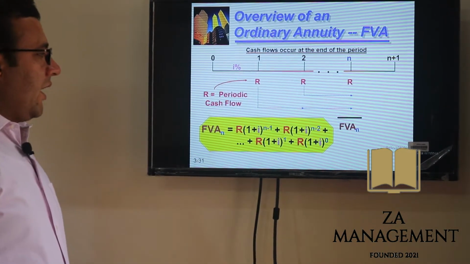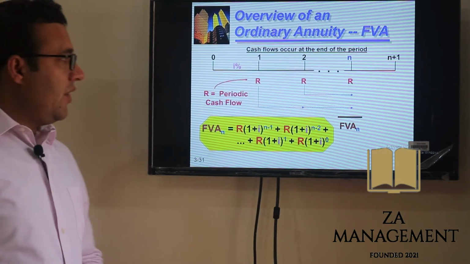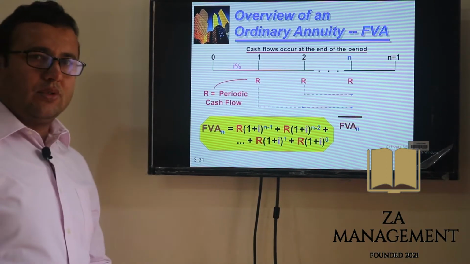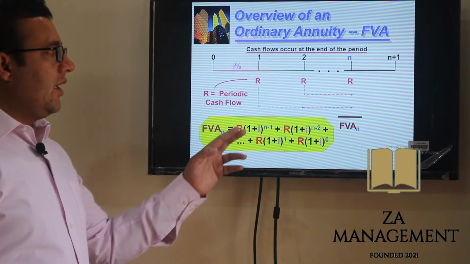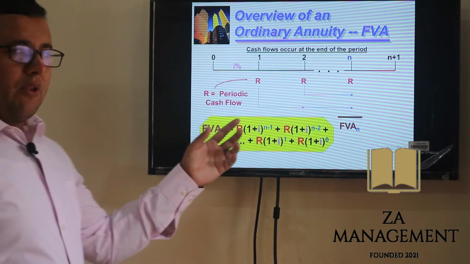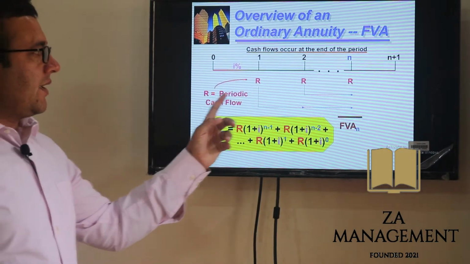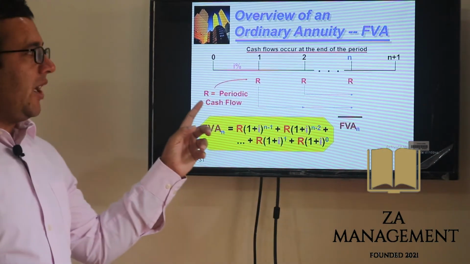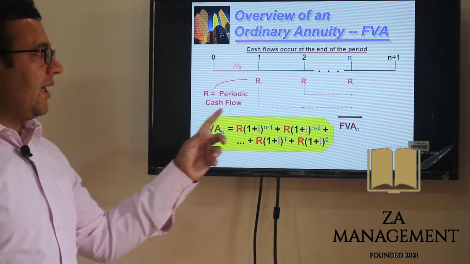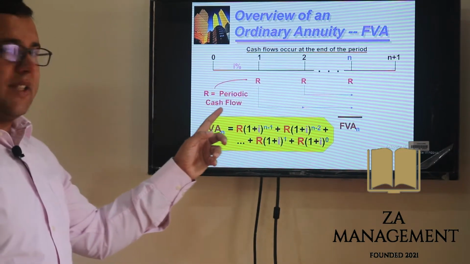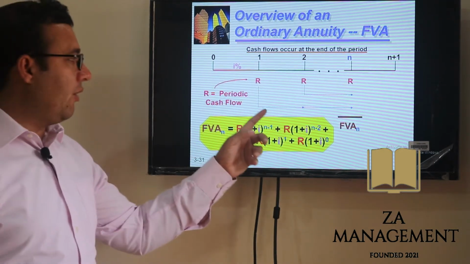While calculating the future value of an annuity, we have to use this formula. Here the amount of installment in each case is represented by R, which occurs at the end of each period. So we have n installments which are equidistant from one another, and they are occurring at the end of each period.